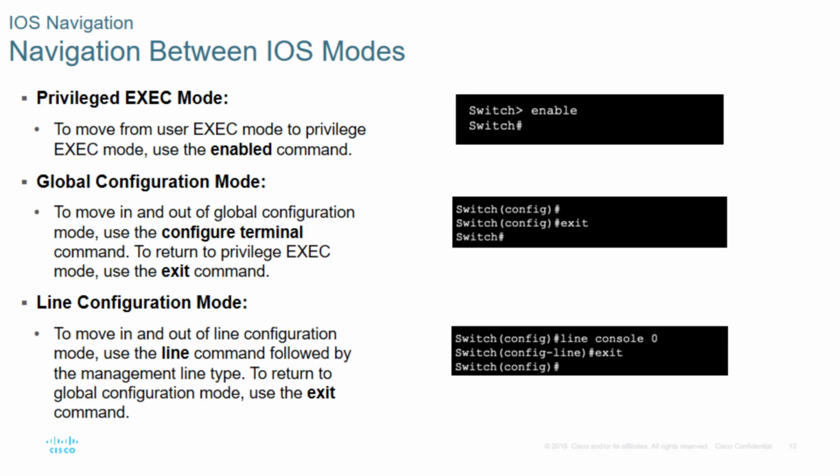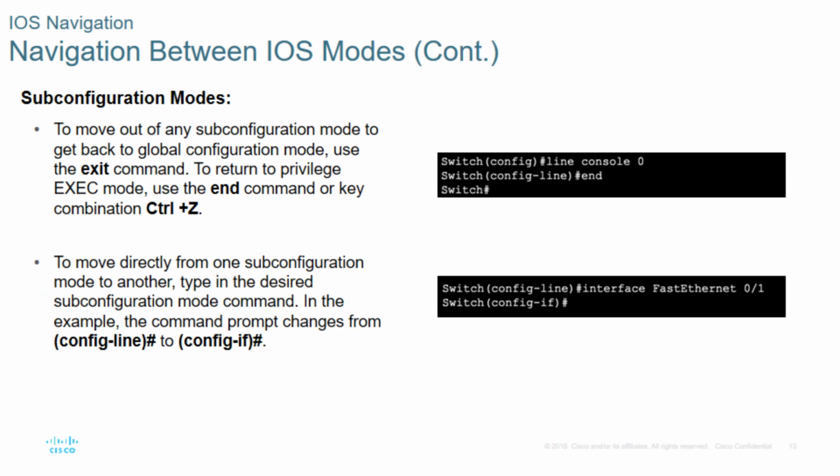So there are many different sub-configuration modes. For example, to enter line configuration mode, you can use the line command followed by the management line type and number you wish to access, and use the exit command to exit a sub-configuration mode and return to global configuration mode. And to move from any sub-configuration mode of the global configuration mode to the mode one step above, we enter the exit command every time, right?